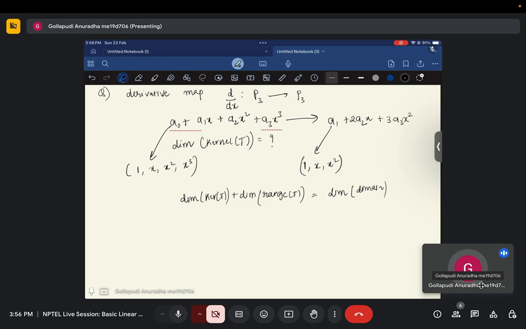So dimension of domain is 4 here because we have 4 bases here and we have 3 bases here. So dimension of kernel will be 1. Okay, I hope this is clear.